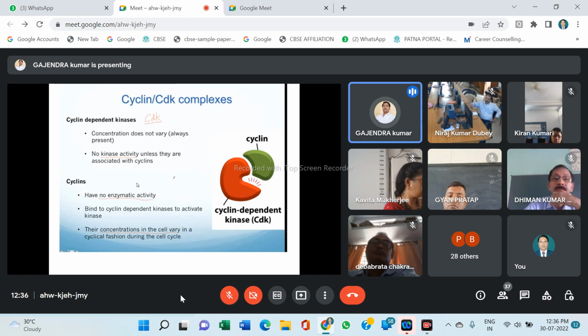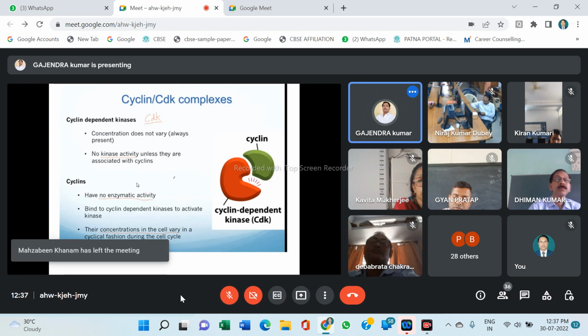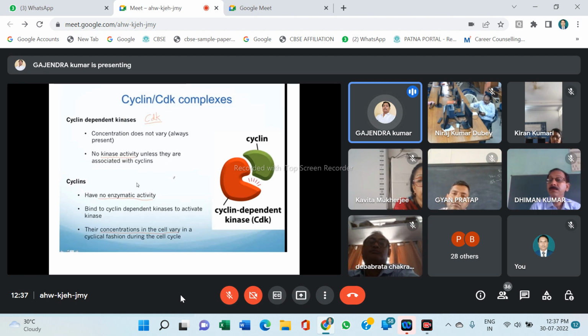Cyclin has no enzymatic activity, but when it binds to cyclin dependent kinases, it activates the kinase. Their concentration in the cell varies in a cyclic fashion during the cell cycle, meaning the concentration will increase and decrease as per the cell.